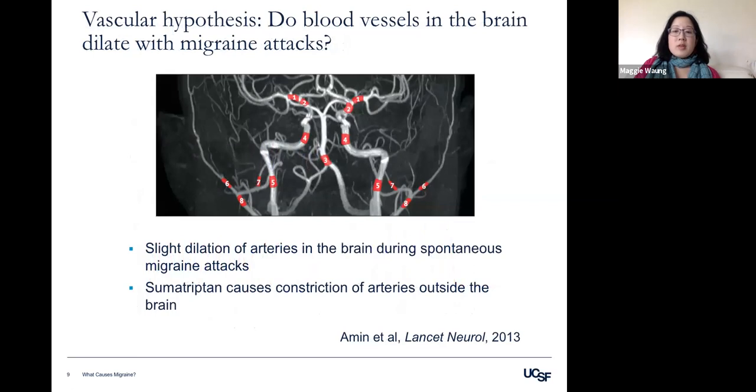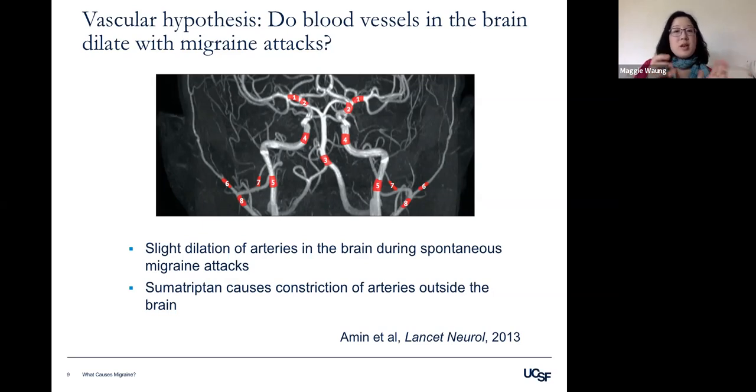And then now, since we also have the capability of imaging the size of blood vessels, we can put patients who have headache in a scanner. This is an MRI scanner, and look at their vessels to see if they're changing during headache. And then they're also given medication, sumatriptan, to treat the headache. And these investigators measured how much the vessels change during migraine and how much they change with medication treatment.